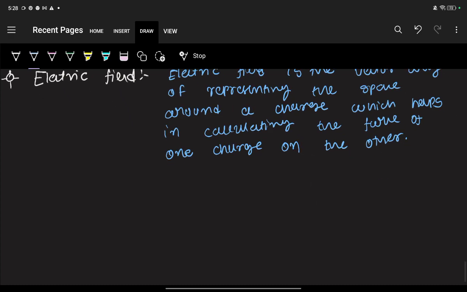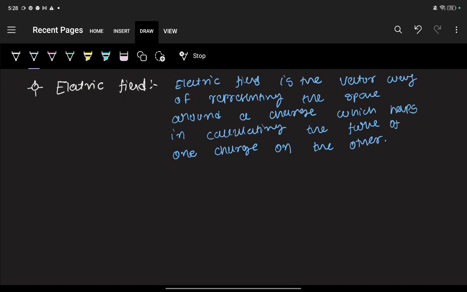Okay, it is the vector representation of electric force on a unit charge.